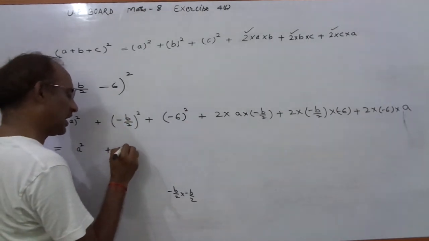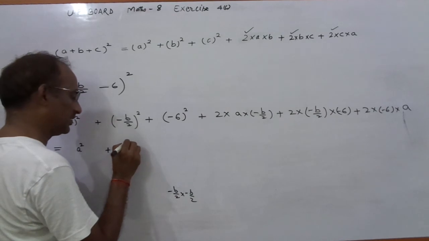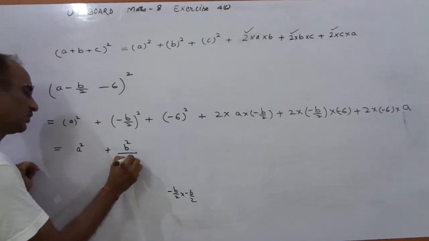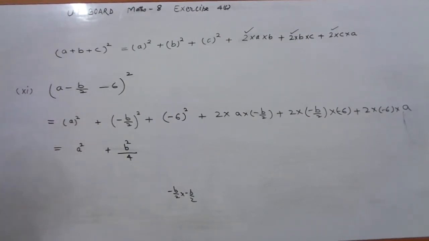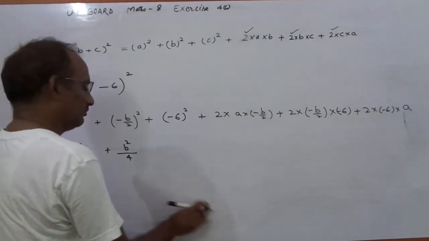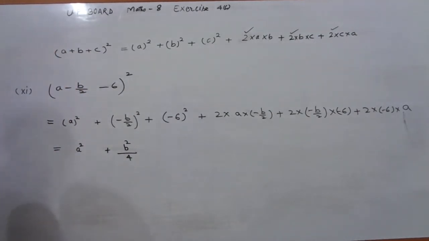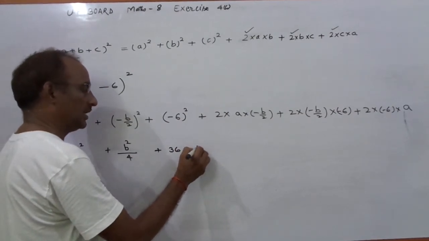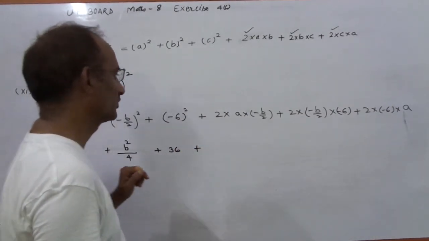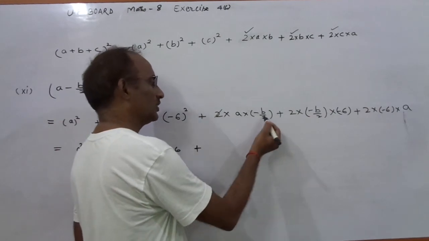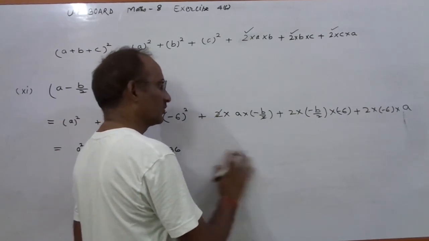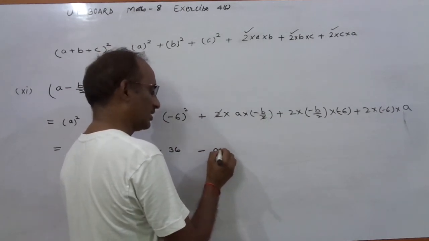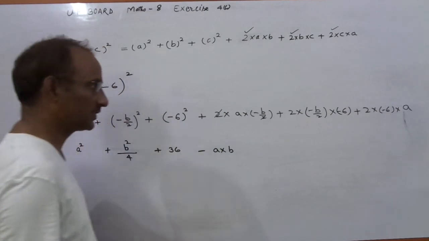And b is multiplied with b, we get b square, and 2 is multiplied with 2, we get 4 in the denominator. When minus 6 is multiplied with minus 6, we get 36 and plus this 2 is cancelled with this and this minus multiplied with this plus, so here we get a into b with negative sign.